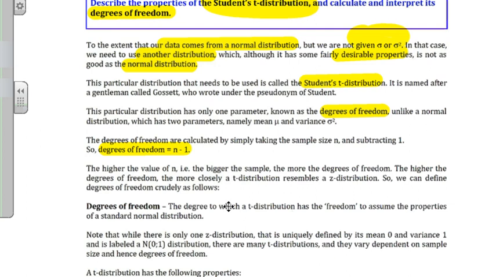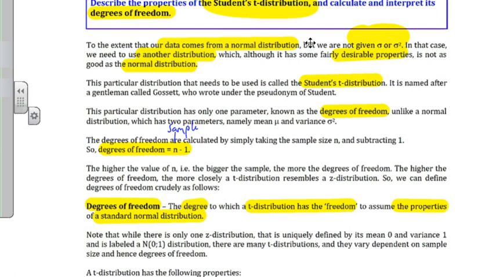N is my sample size. Okay, degrees of freedom we see over here. Okay, why is it called degrees of freedom? It sounds like a fancy name. It's the degree to which the t-distribution has got the freedom almost to assume the properties of a normal distribution.